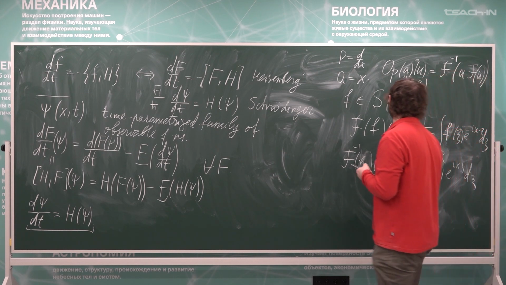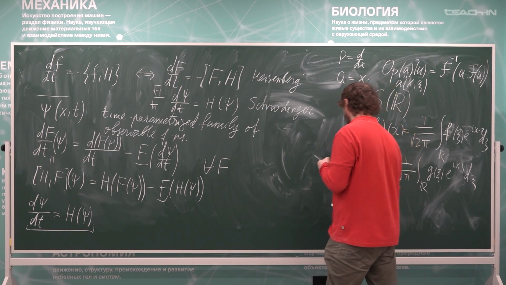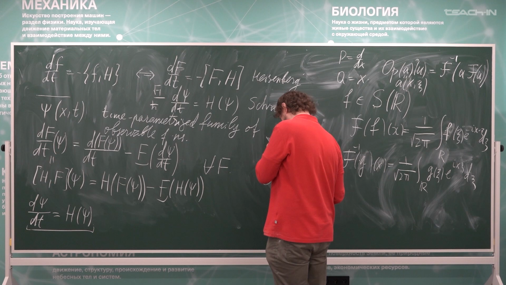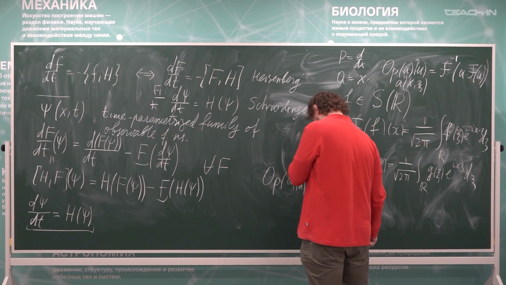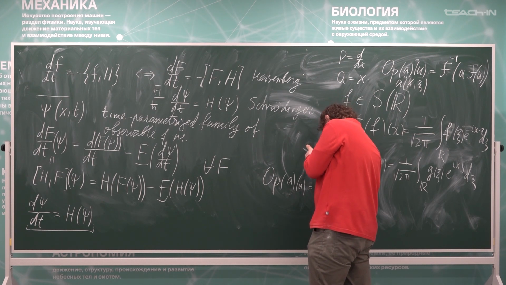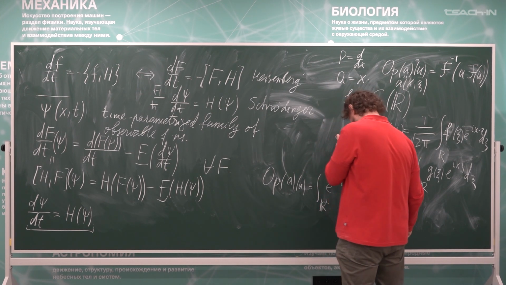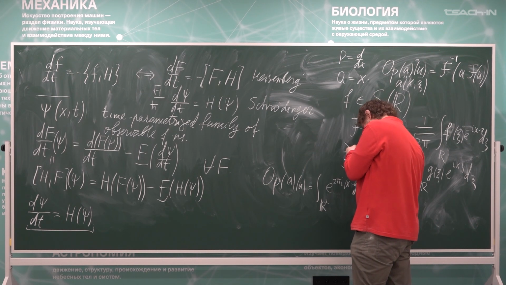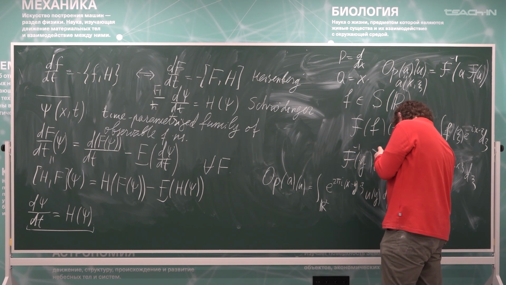It is easy to see that in coordinates, op a of u is equal to the integral over R^2 of a times e to the power 2 pi i (x minus y) times xi, u of y, dy d xi.